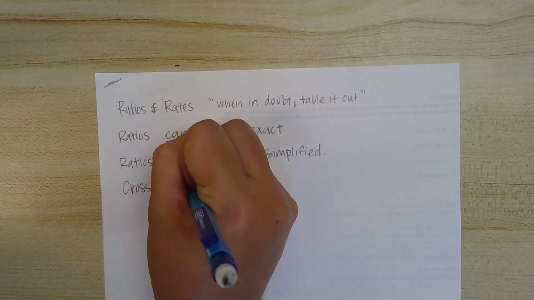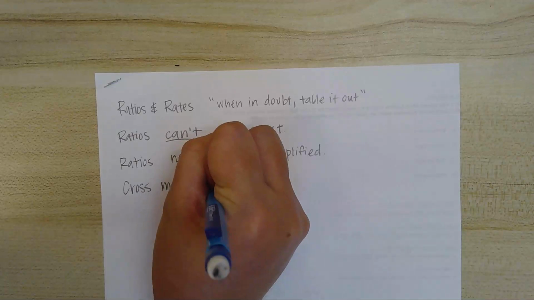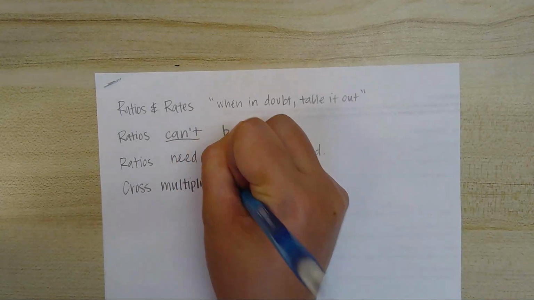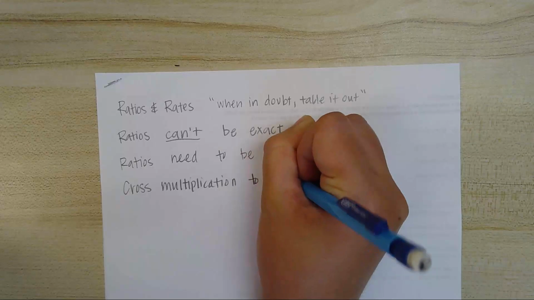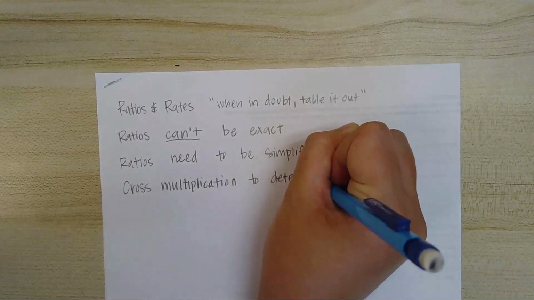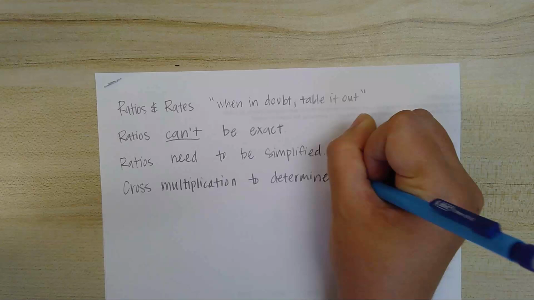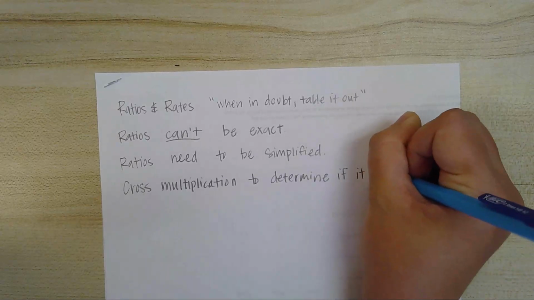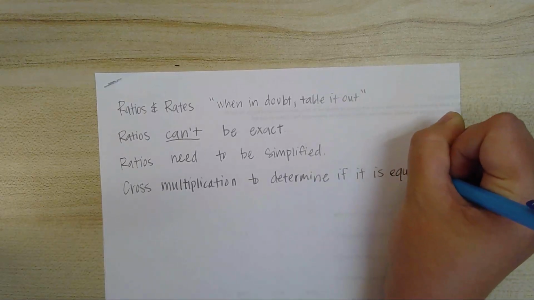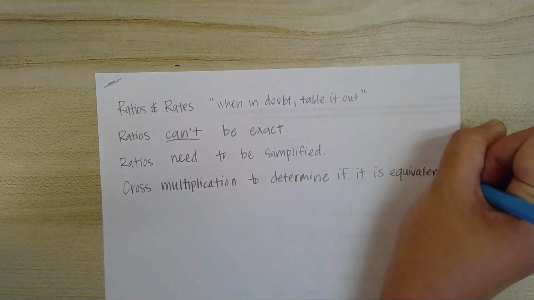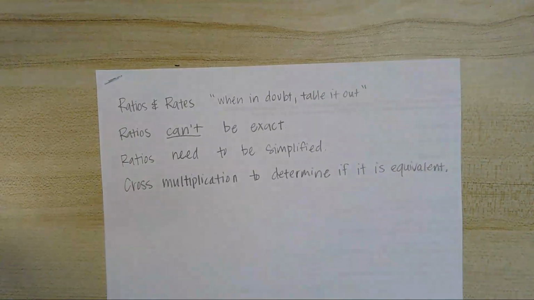So you can do cross multiplication to determine if it is equivalent. Okay, and that's with ratios and rates.